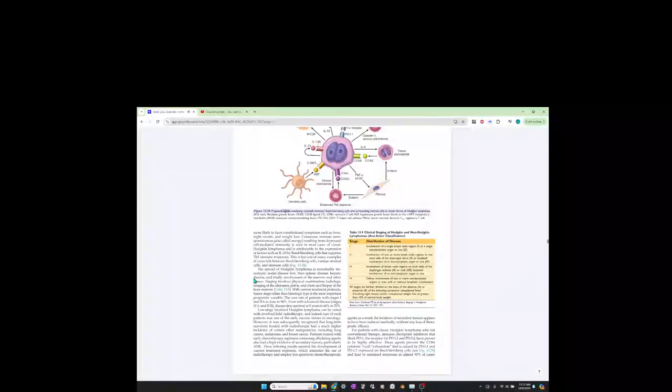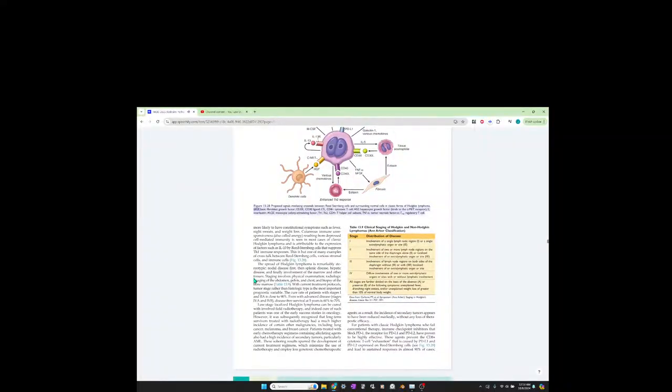Figure 13.28: Proposed signals mediating crosstalk between Reed-Sternberg cells and surrounding normal cells in classic forms of Hodgkin lymphoma. bFGF, basic fibroblast growth factor; CD30L, CD30 ligand; CTL, CD8 cytotoxic T cell; HGF, hepatocyte growth factor; IL, interleukin; MCSF, monocyte colony stimulating factor; TH, T helper cell subsets; TNF-alpha, tumor necrosis factor alpha; TREG, regulatory T cell.